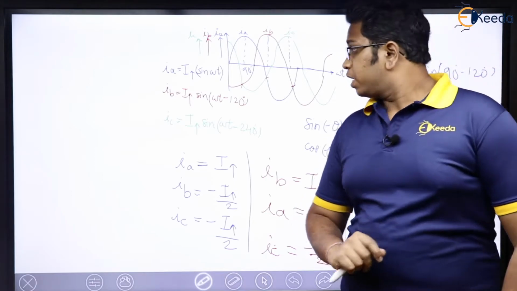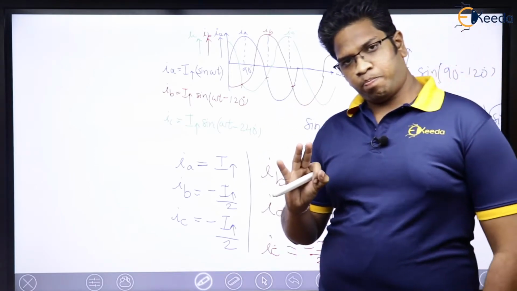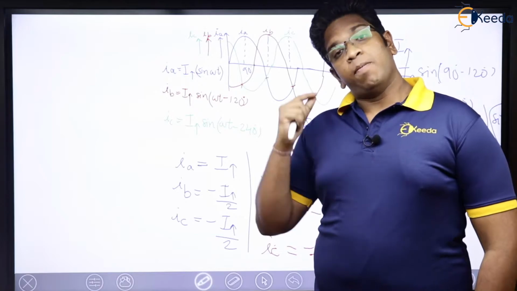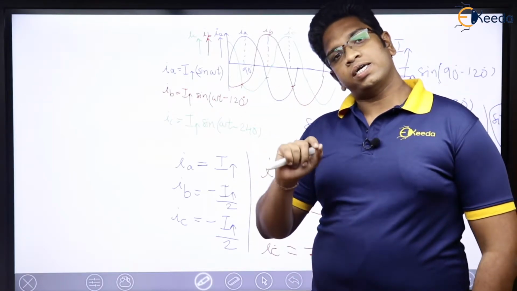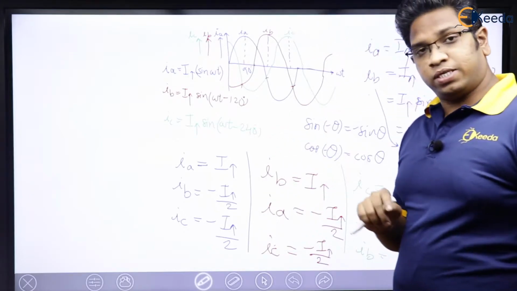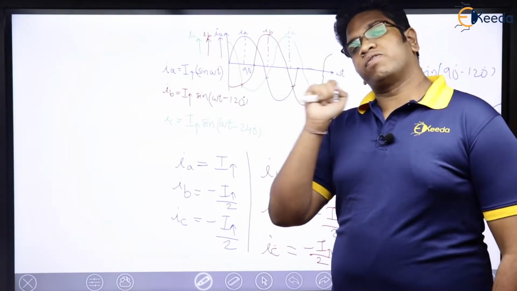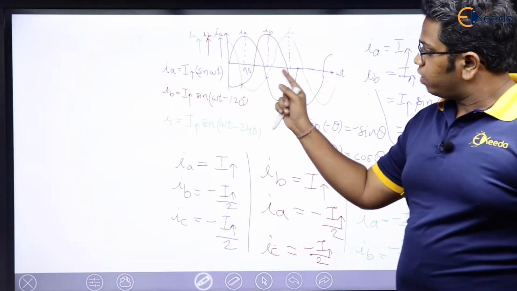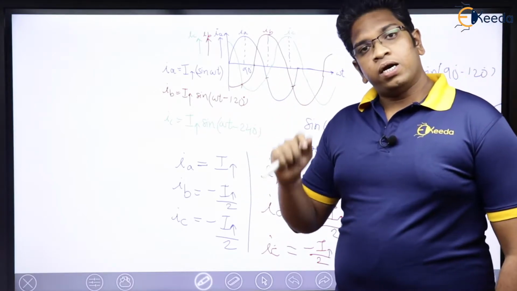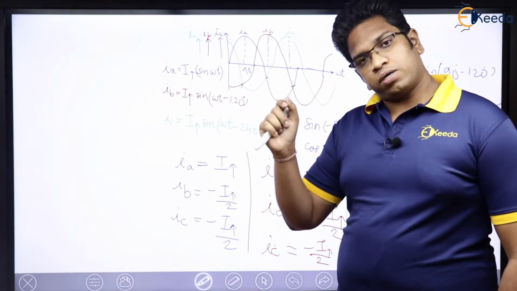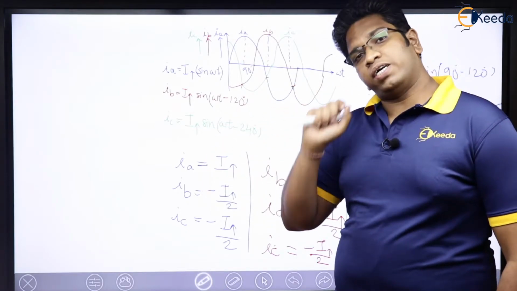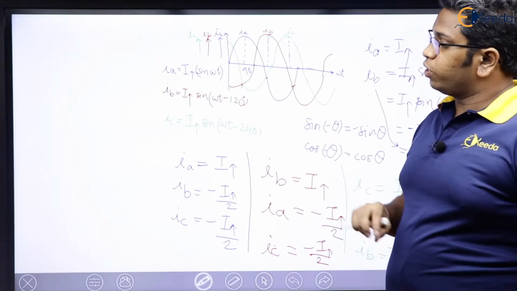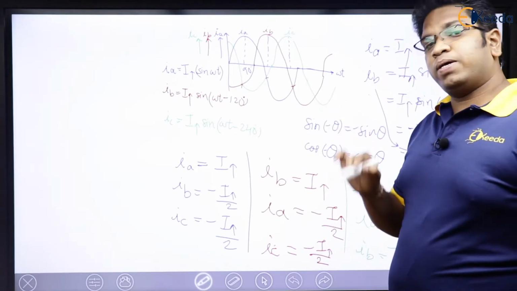See here, whenever you have three balanced time displaced voltages and currents, time displaced by 120 degrees, in that case IA plus IB plus IC will be 0.